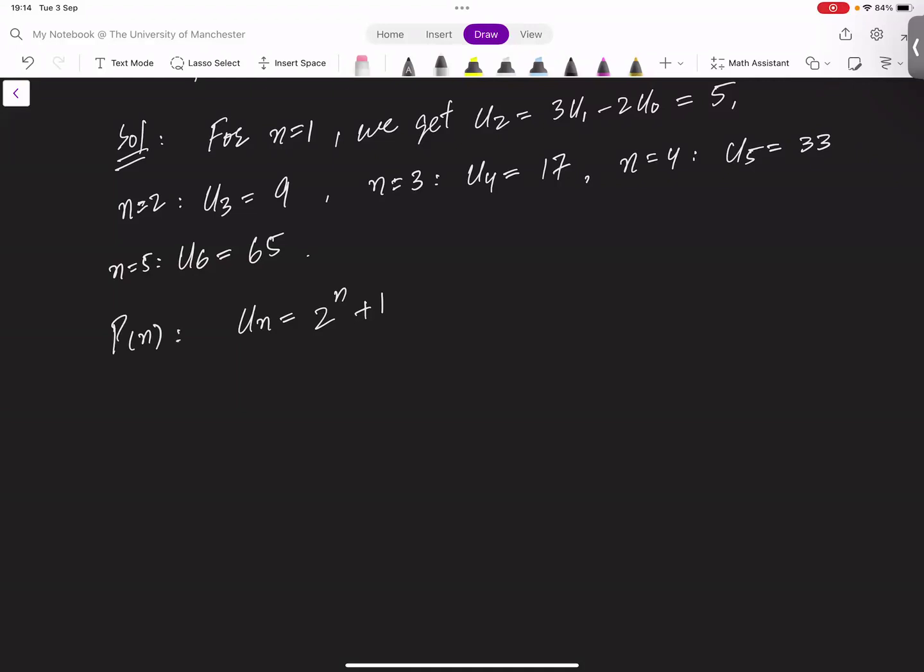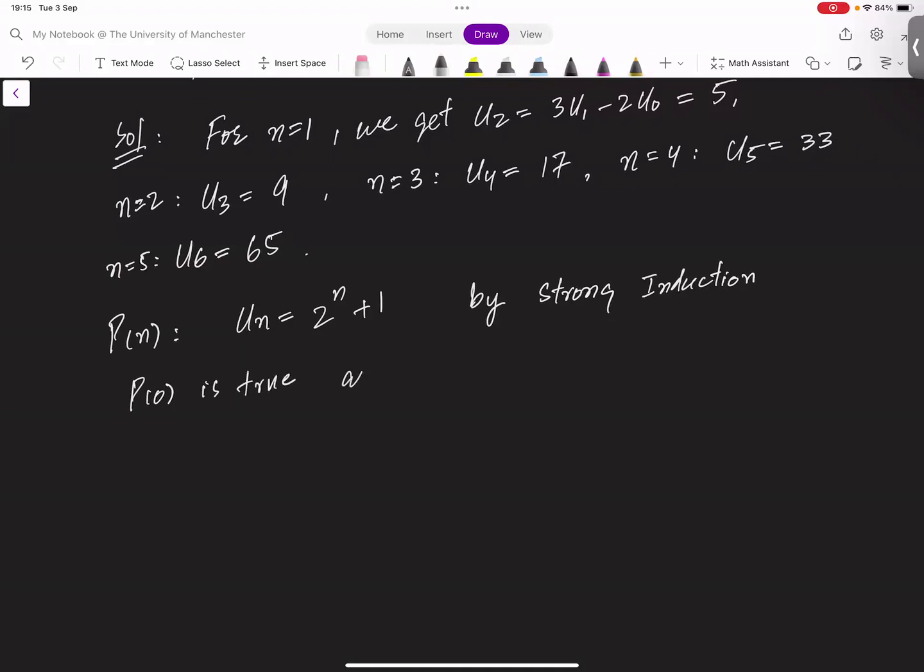And by strong induction, by the principle of strong induction, we say that P of 0 is true, which means u0 is just 2 power 0 plus 1, which is 2.